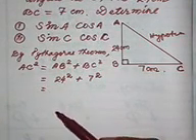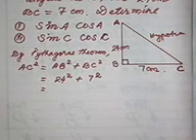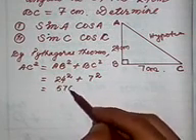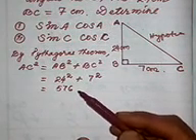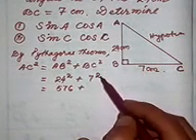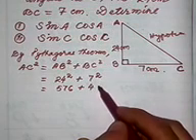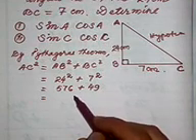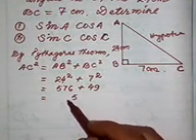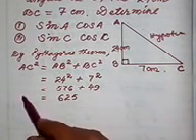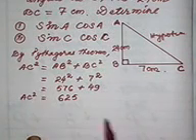Now 24 squared, how much it will come? 24 squared, it is 576. 24 into 24 is 576 plus 7 square, that is 7 into 7 is 49. And when we add this, we will get 625. So this is AC square, right?